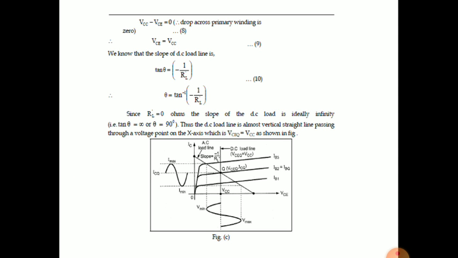So the DC load line here is a vertical straight line passing through VCC.